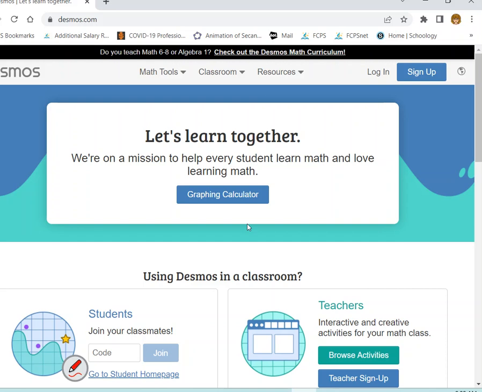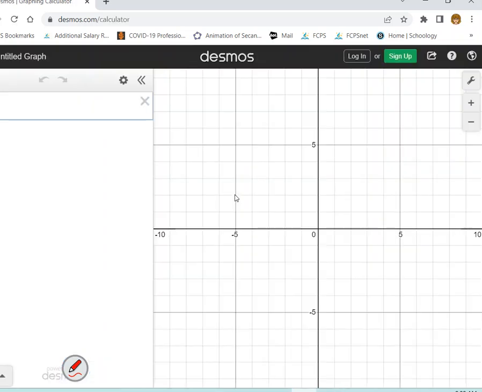Graphing calculator. Let's say I wanted to look at y equals negative 2x minus 3.